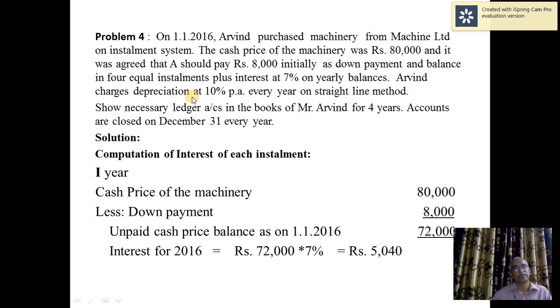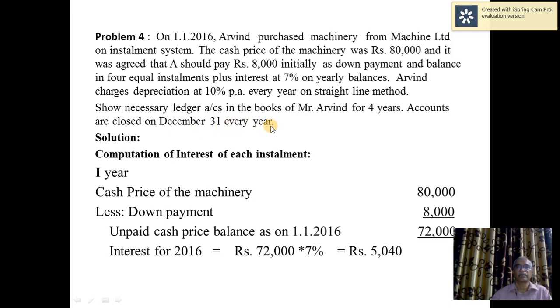Arvind charges depreciation at 10% per annum every year on straight line method. Show necessary ledger accounts in the books of Mr. Arvind for 4 years. Accounts are closed on December 31st every year.